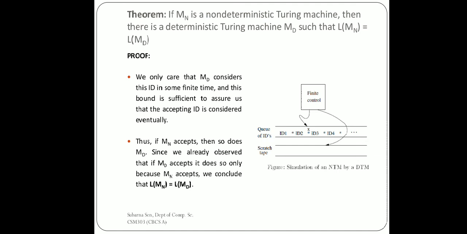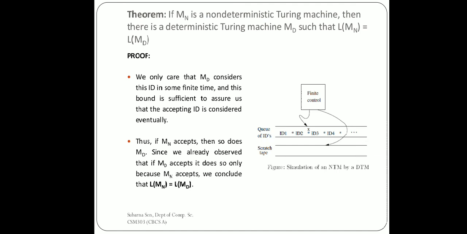Here we only care that MD considers this ID in some finite time. Obviously it should be done in finite time. This bound is sufficient to assure us that the accepting ID is considered eventually. So if Mn accepts, then MD also accepts. Whatever language Mn accepts after any number of moves, we can simulate using MD.